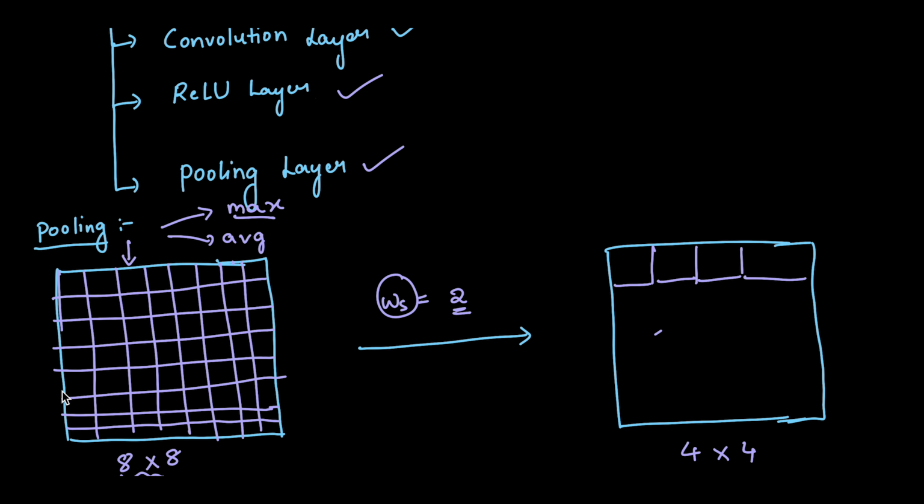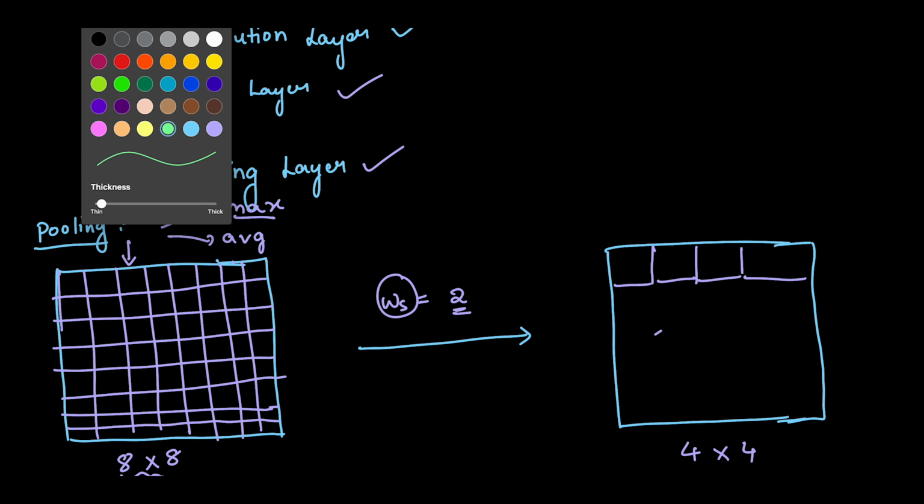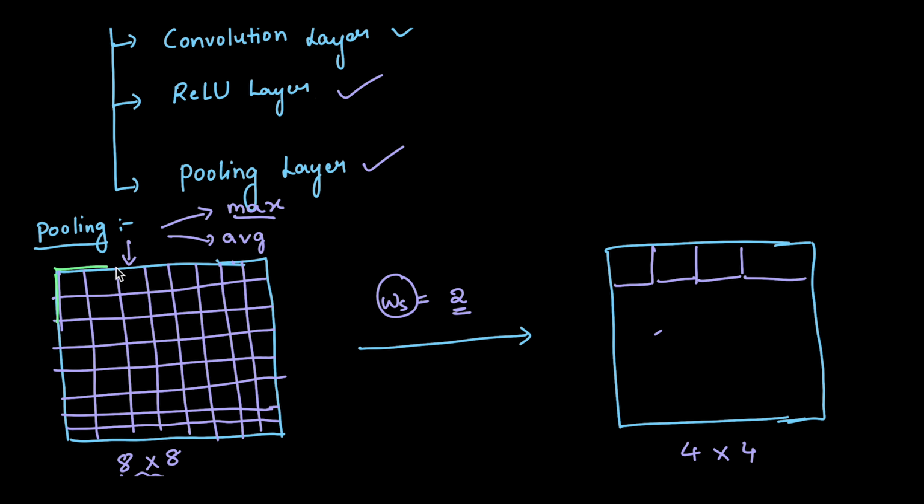So this is an 8 cross 8 feature map. In this 8 cross 8, every time we cover a 2 cross 2 portion. So this 2 cross 2 portion got covered, and whichever value is maximum in this will be placed over here. After that, we'll cover this 2 cross 2 part, and that will be placed over here.